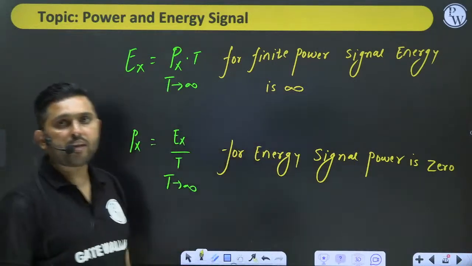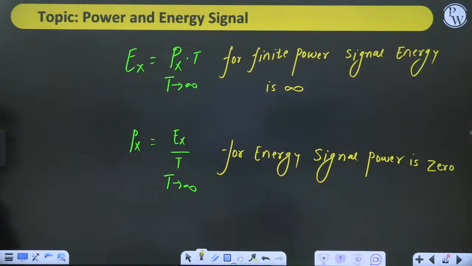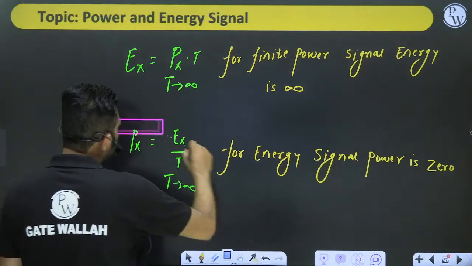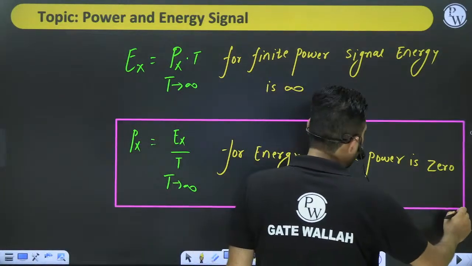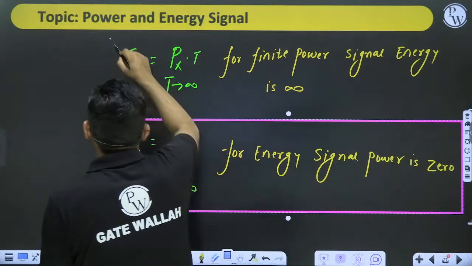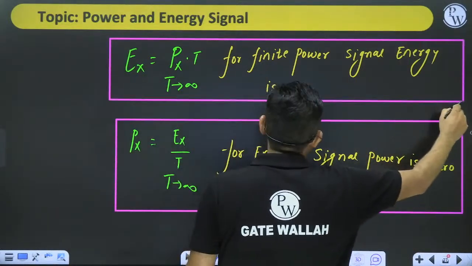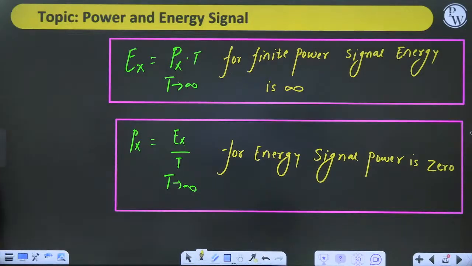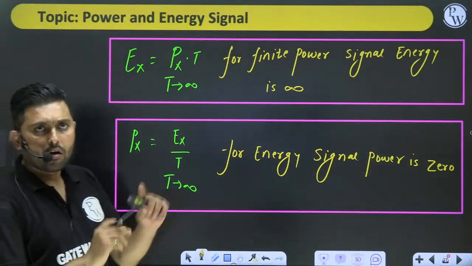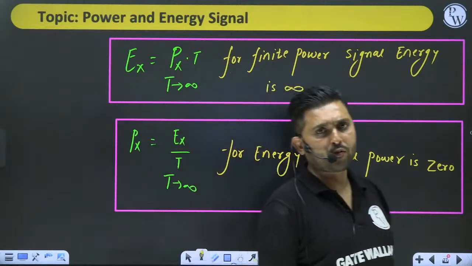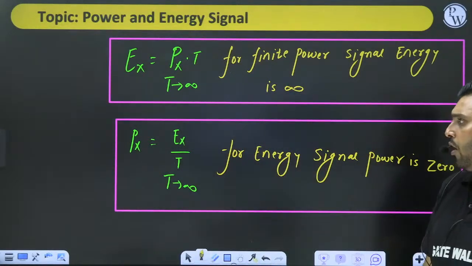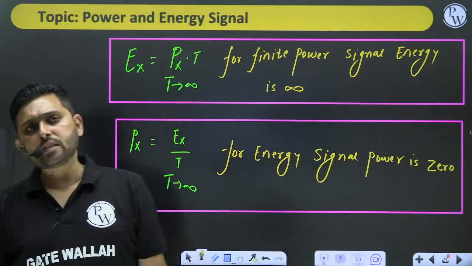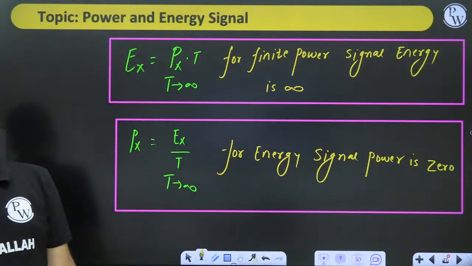This is one of the very, very important expressions we have. Let us circle, box these expressions. One is this one, and another one is this one. These are the two very, very important representations that you have to always take care of. So if a signal is energy, then its power comes out to be 0.